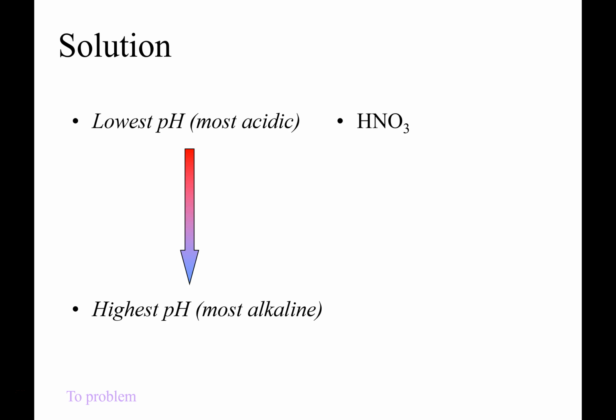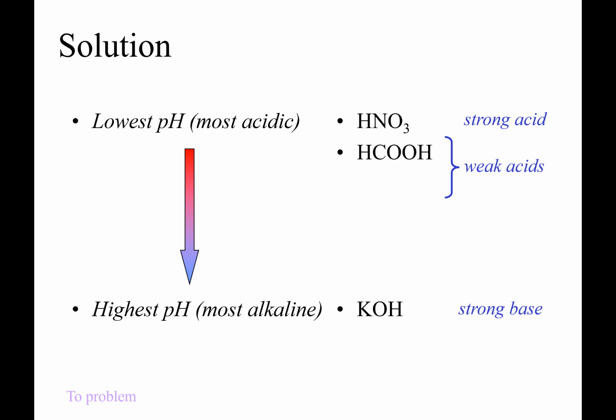So HNO3, most acidic, strong acid. KOH, most basic, so it has the highest pH, strong base. We have two weak acids. We have the stronger weak acid, which is HCOOH.